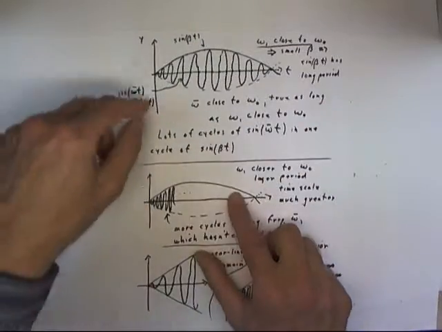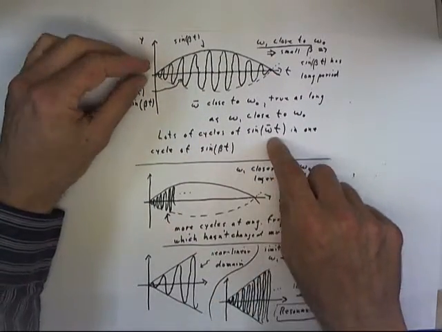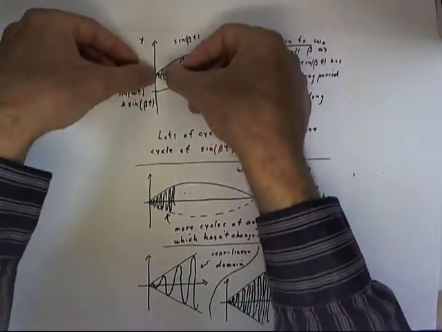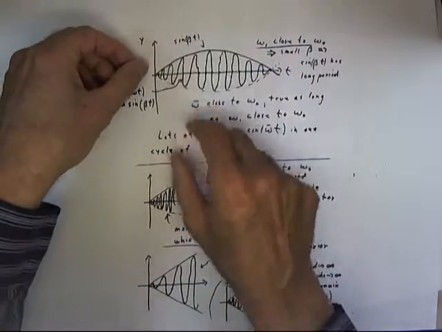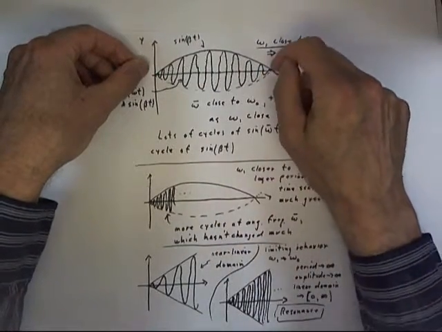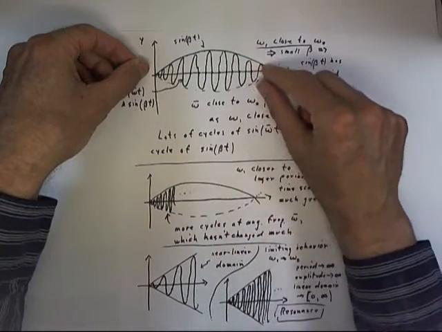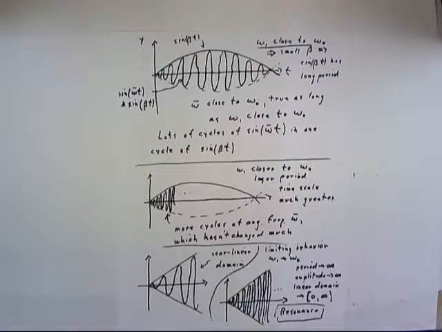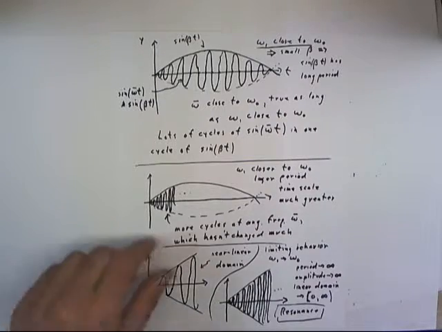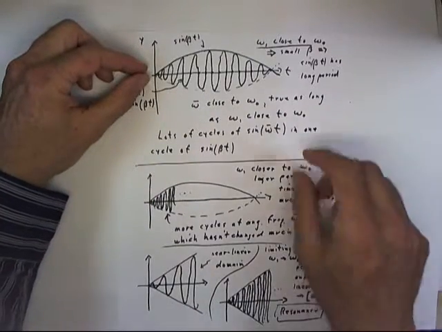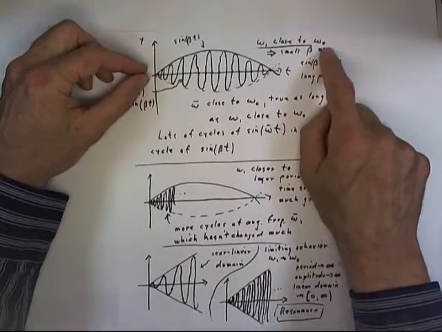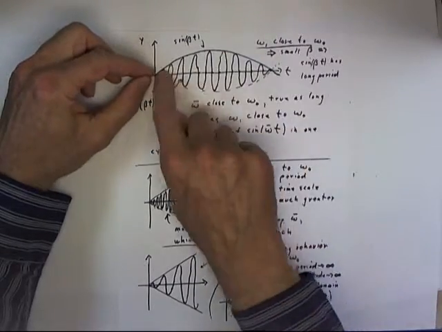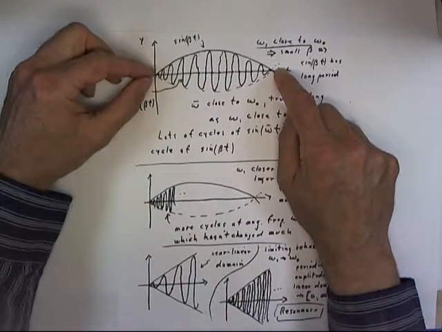So that our cycles of omega bar t are going to have a period like this, and many of these periods are going to fit inside of one half cycle of the sine of beta t. So that as omega 1 approaches omega naught, this time scale from here to here is going to increase.